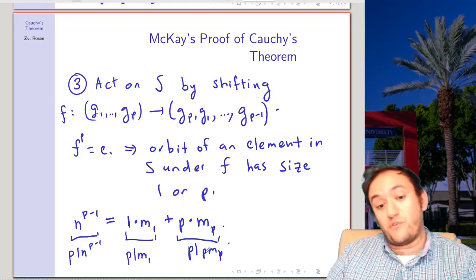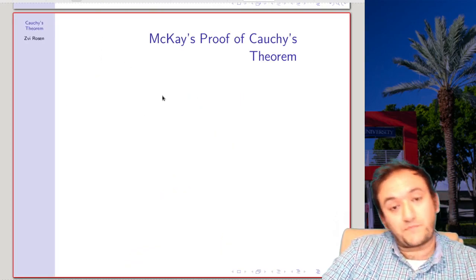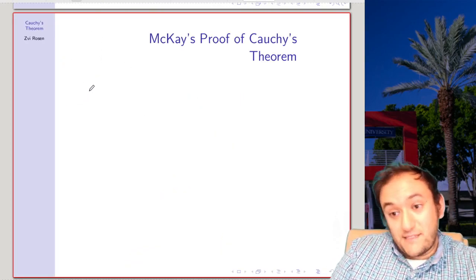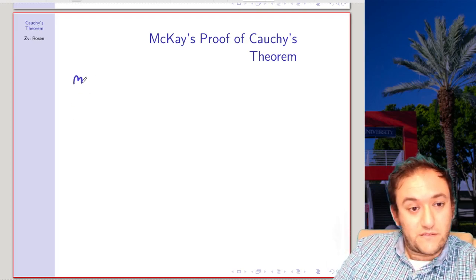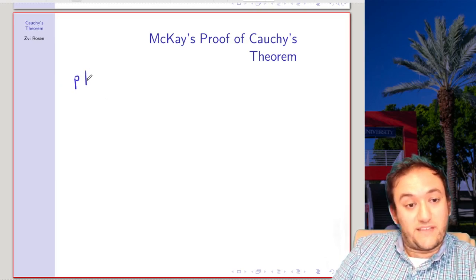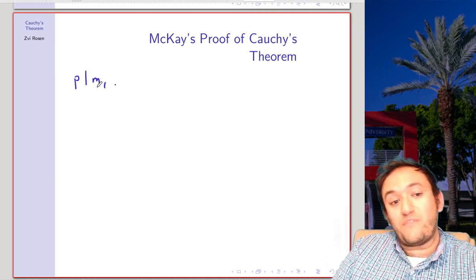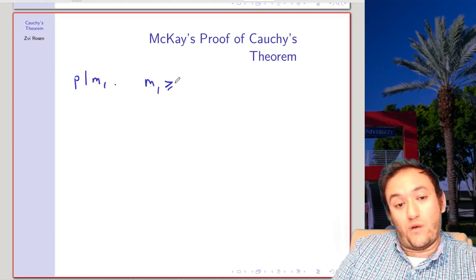It has to divide the number of orbits of size 1. But what that means is that, if p divides m1, we know that m1 has to be at least 1.